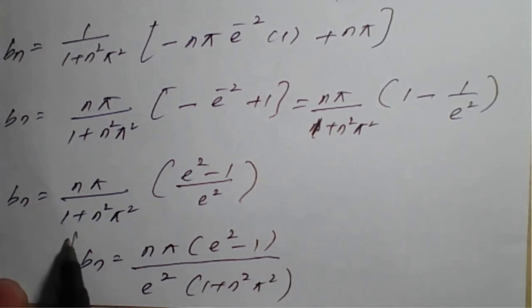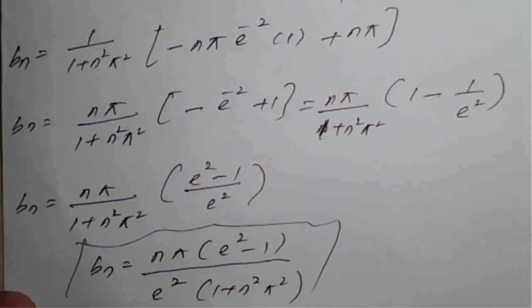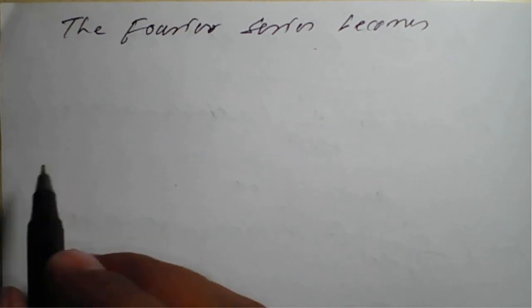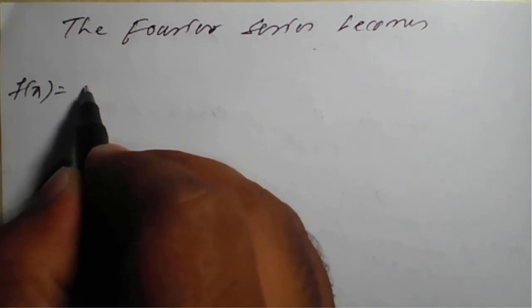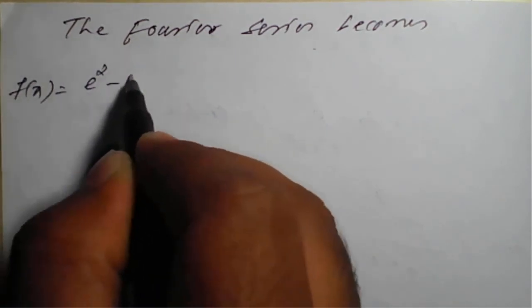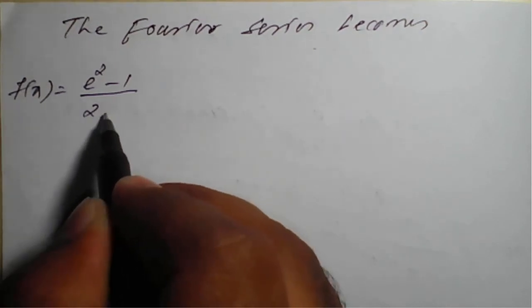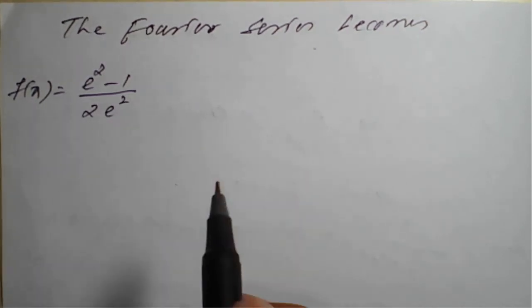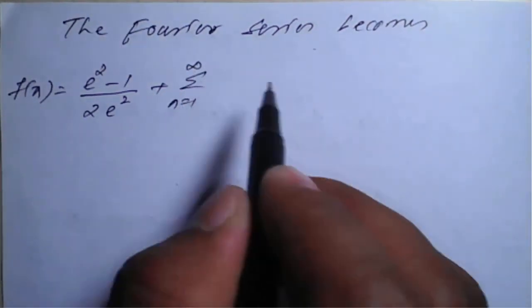We will take this value and apply it in the Fourier series. Therefore the Fourier series is f of x equal to a naught value. What is the a naught value here? It is e squared minus 1 divided by e squared, divided by 2, so it becomes e squared minus 1 divided by 2 times e squared, plus summation n from 1 to infinity.